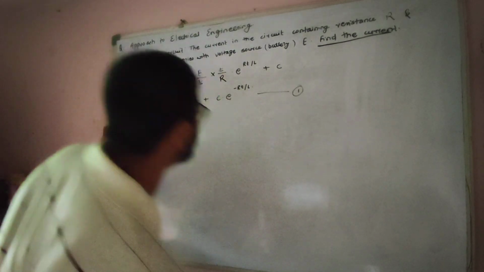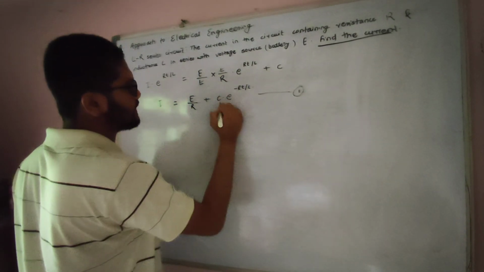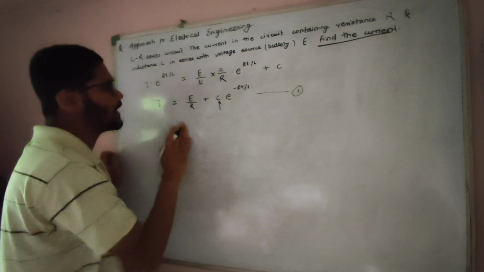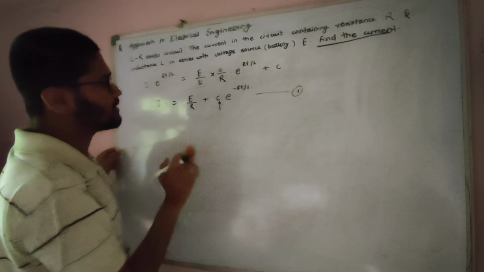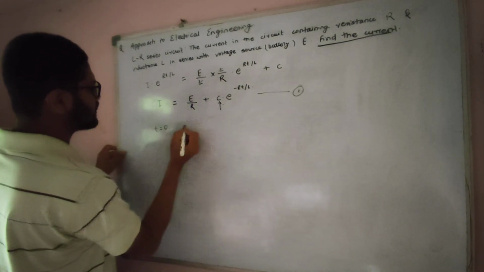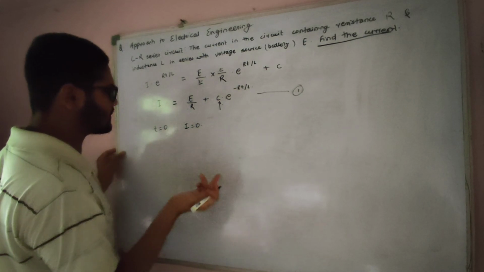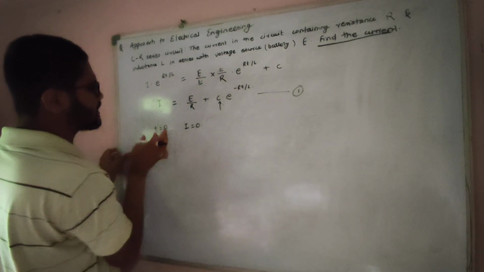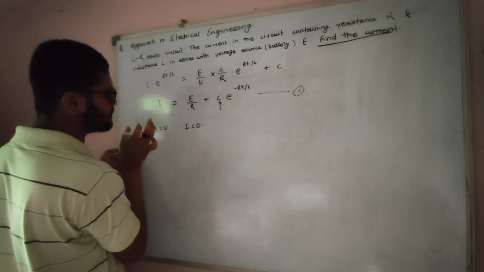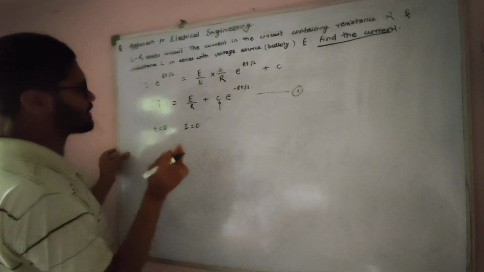Now to find the value of I, we first have to get the value of C. Initially, when time is equal to 0, then I is equal to 0. That is, no current is supplied at time 0.